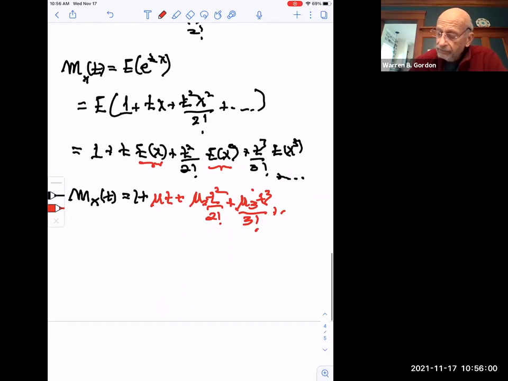So I've just shown that the moment generating function is equal to 1 plus mu t plus mu2 t squared over 2 factorial, and so on.